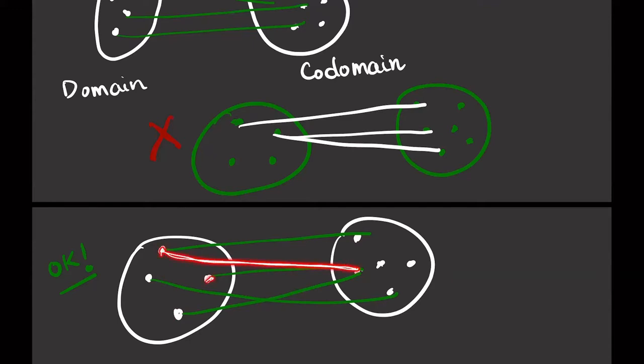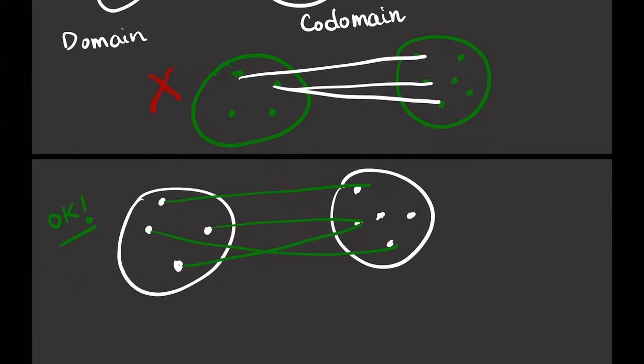It is only mapped to one point. And similarly here, only mapped to one point. This one also mapped to one point. This one also mapped to one point. So it is a function, even though these two have the same output. You can think of it as like this set is kitten and this one is adult cat.